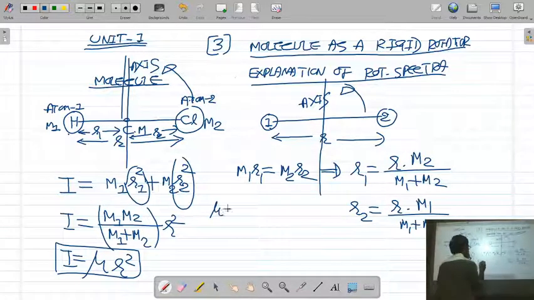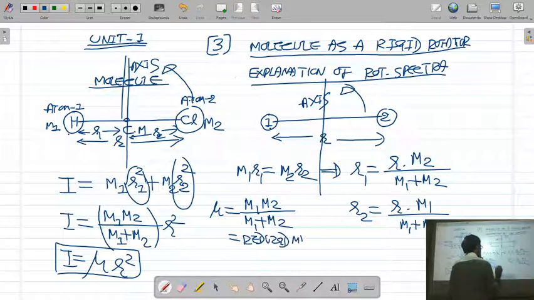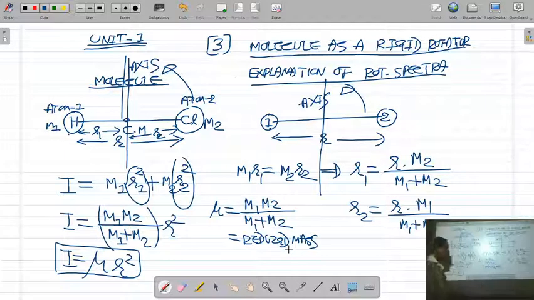So mu is equal to m1 m2 upon m1 plus m2, where m1 is the mass of atom 1 of the molecule and m2 is the mass of atom 2 of the molecule. It is a very important term.